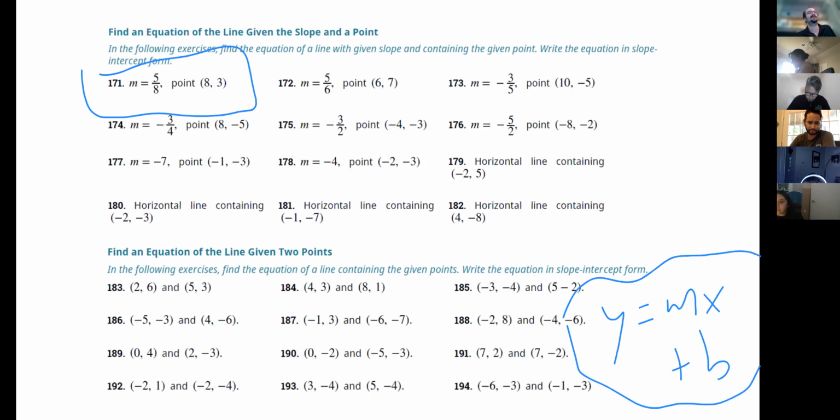Is it? No. 8, 3 is not an intercept. If it was 0, 3, that would be an intercept. That's just a point. So what do we have to do?